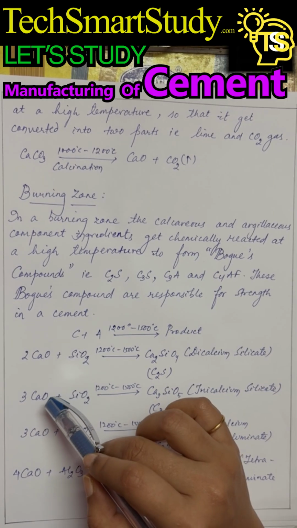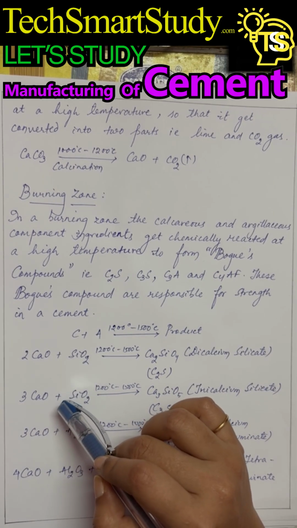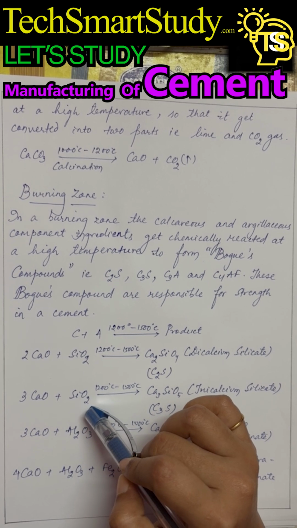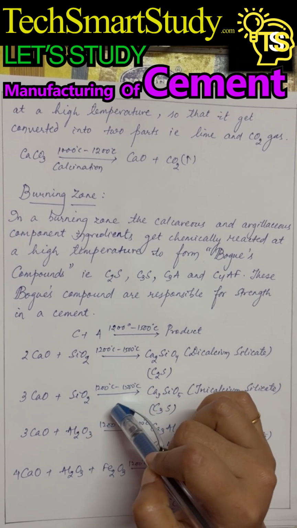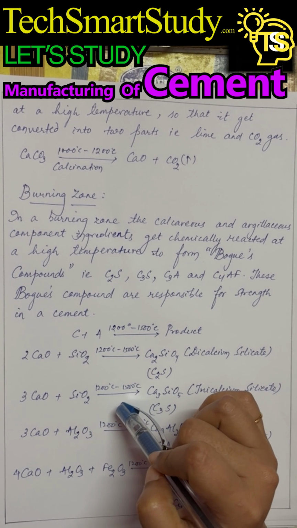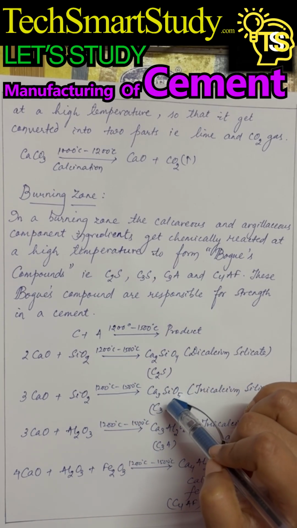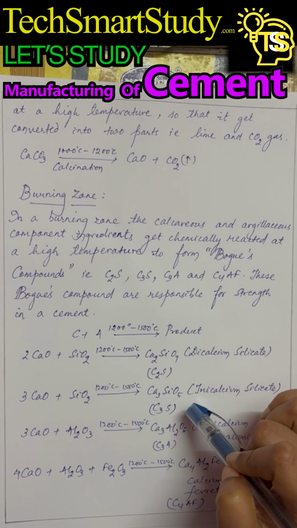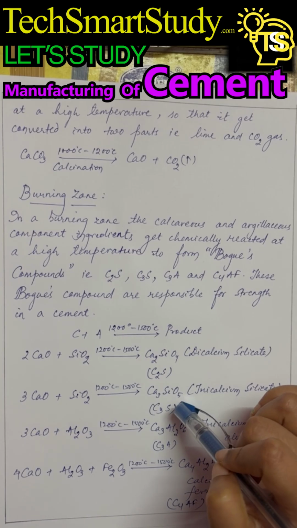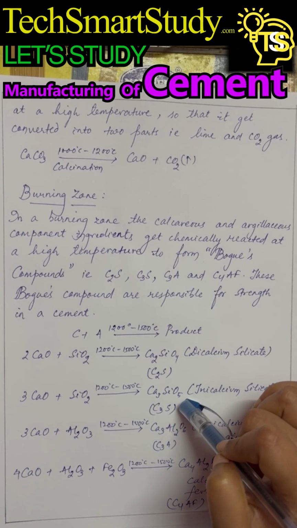Now the second Bogue compound is 3CaO plus SiO2, which gets heated at 1200 degrees centigrade to 1500 degrees centigrade. It gives Ca3SiO5, that is tricalcium silicate, C3S. It is another Bogue compound.